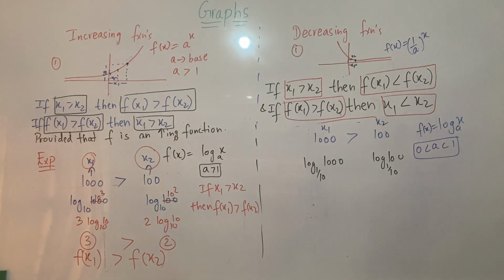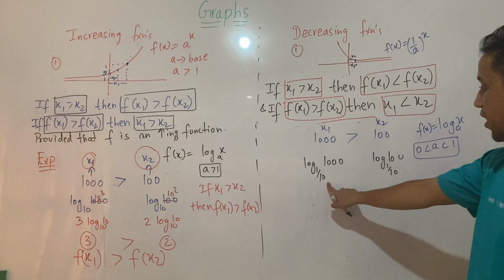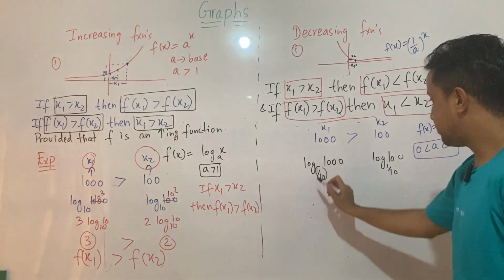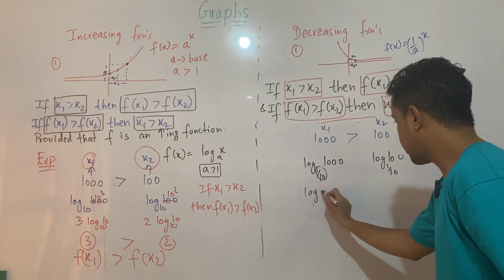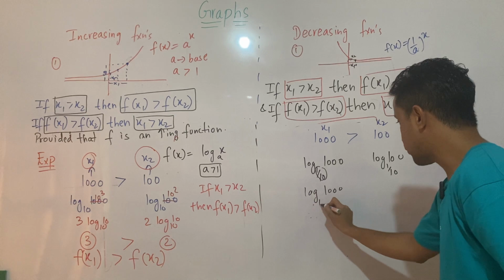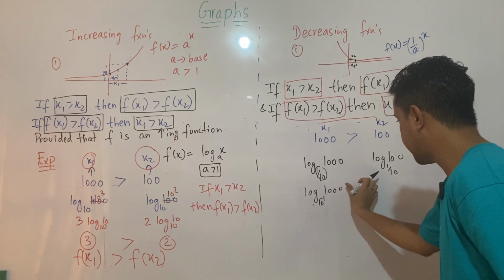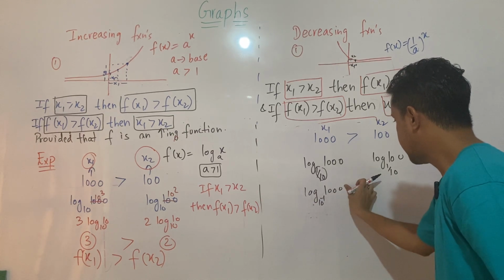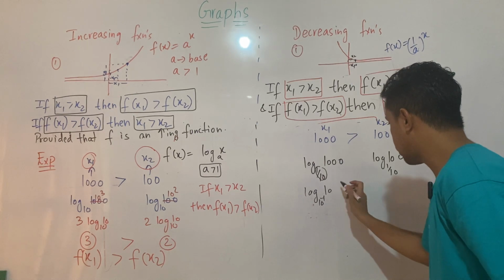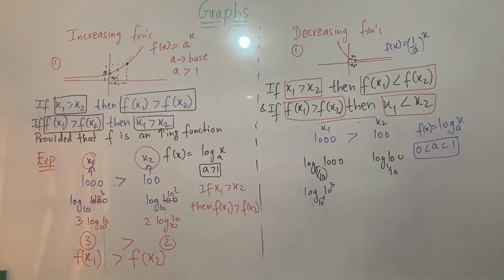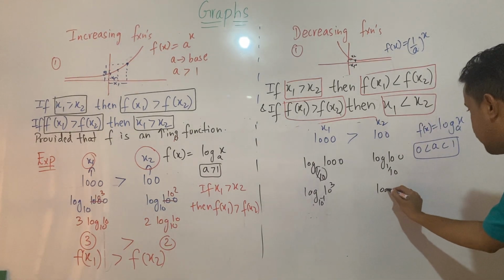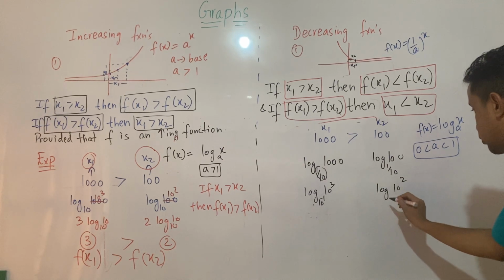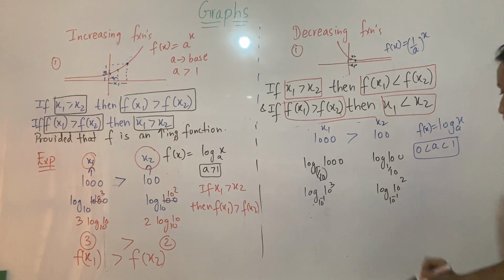Now see here, with base 1 by 10, this can be written as log of 1000 to the base 10 raised to exponent minus 1, and 1000 can be written as 10 raised to power 3. Same here, log of 10 squared to the base 10 raised to the exponent minus 1.